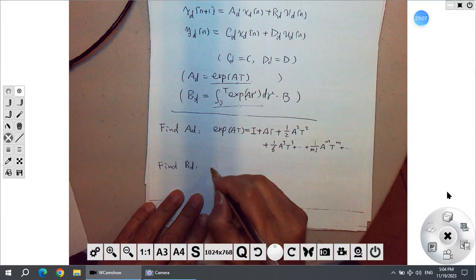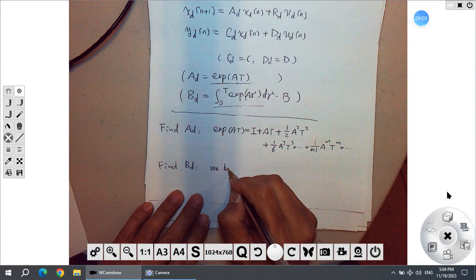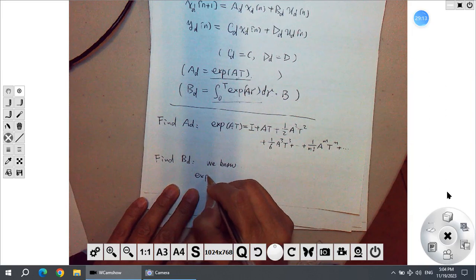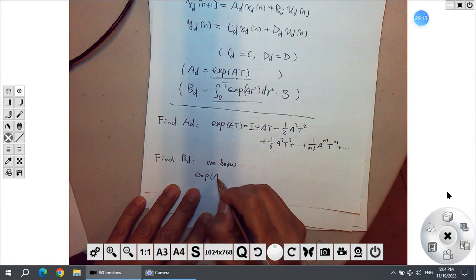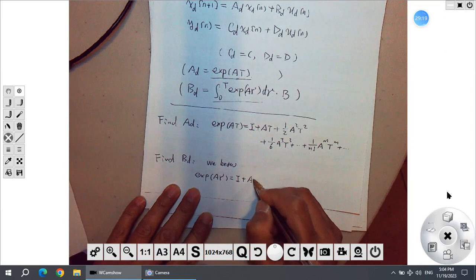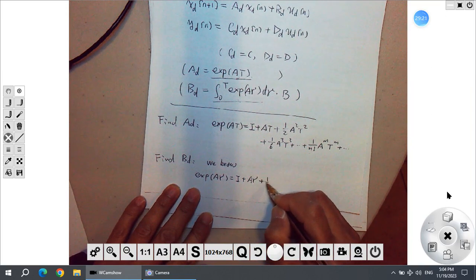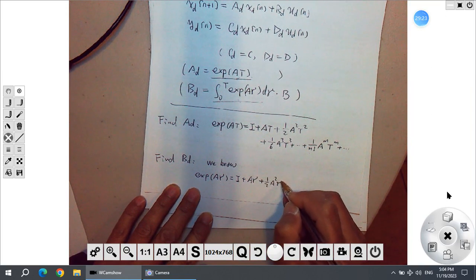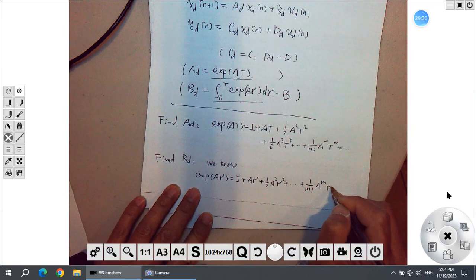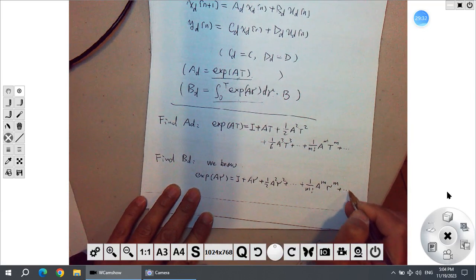We know exponential power of a gamma equal to I plus a gamma plus 1 over 2 a squared gamma squared. General term is 1 over m factorial, a to the m, gamma to the m, where now gamma is the variable.